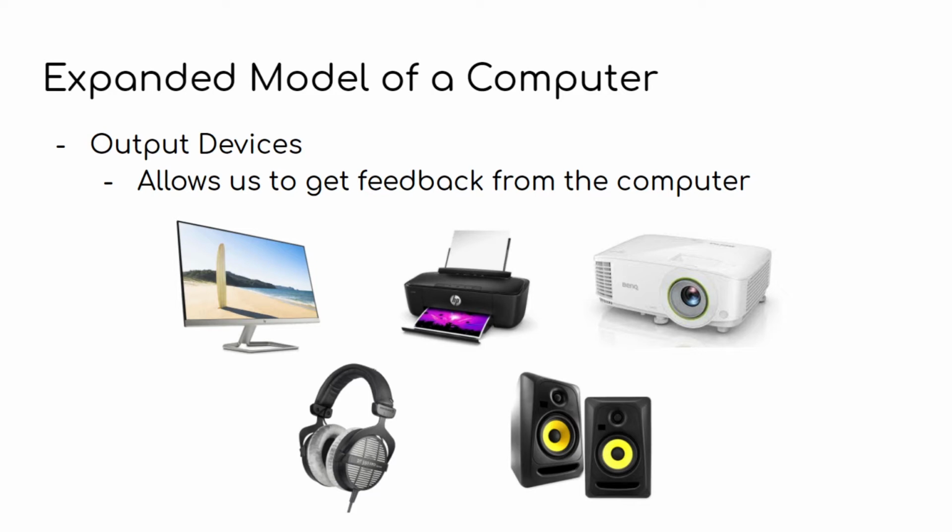A printer will print that page or that document. Projectors are the same thing as monitors; the only difference is that they project light onto a screen. Headphones as well: when you listen to music coming out of your computer, that's an output device. And likewise, speakers and loudspeakers are output devices that allow us to get feedback from the computer, hence output devices.